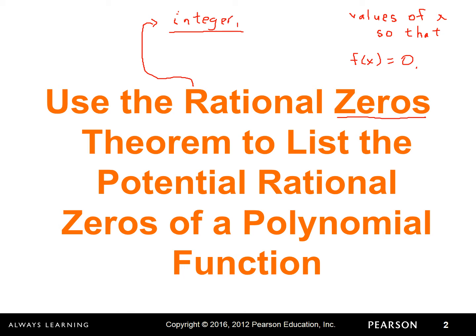If it can be written that way, well, what's an integer? All the whole numbers with the negatives. But if it can be written that way, then it's rational. And if it's a rational zero, and if it is allowed to be a rational zero by this theorem, that's what we want to list.